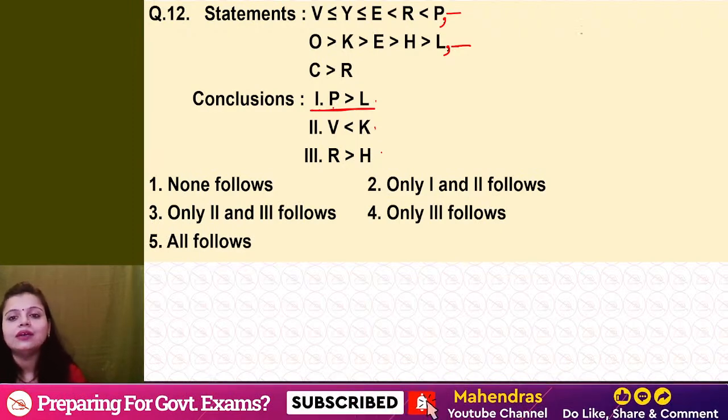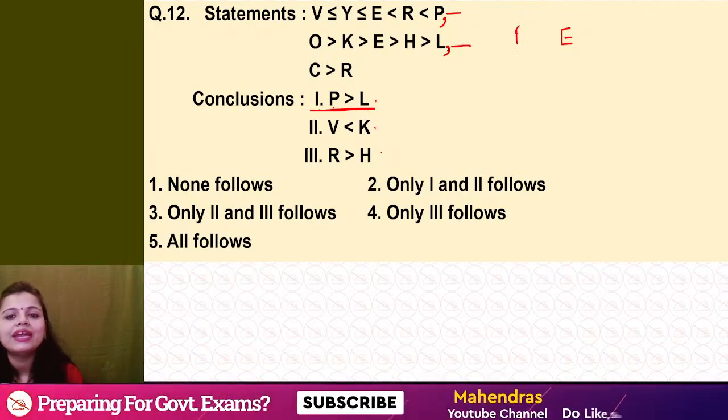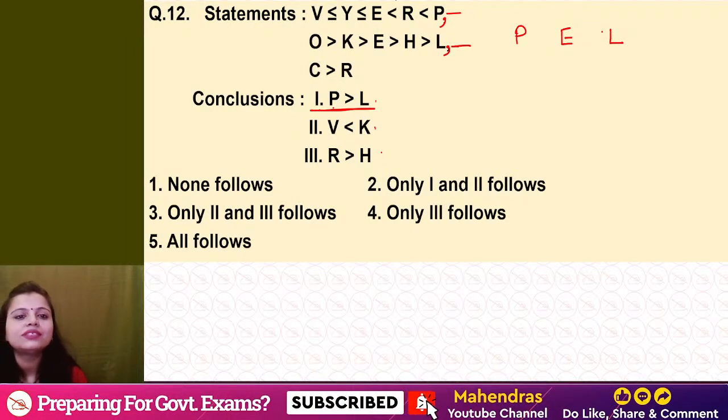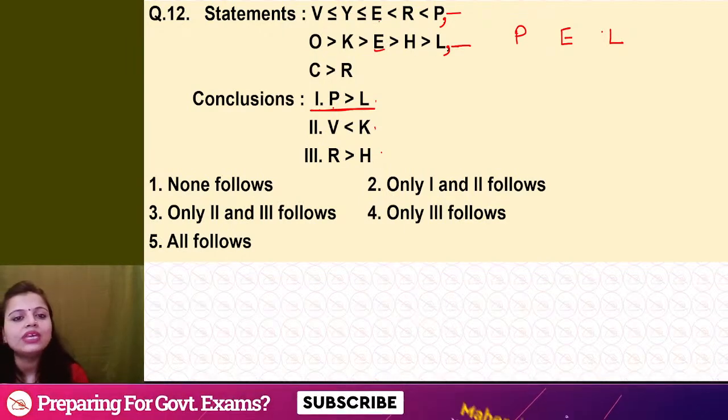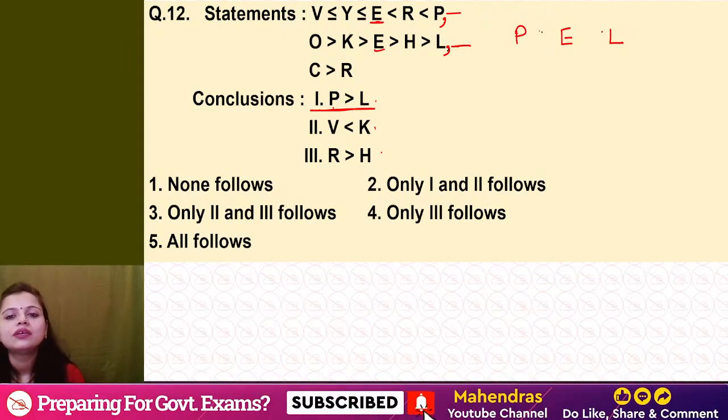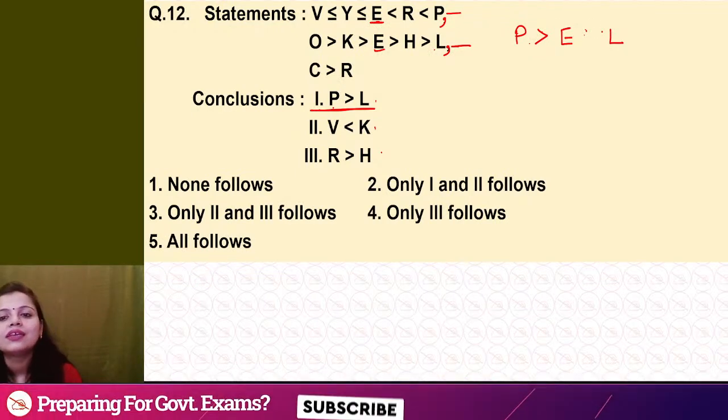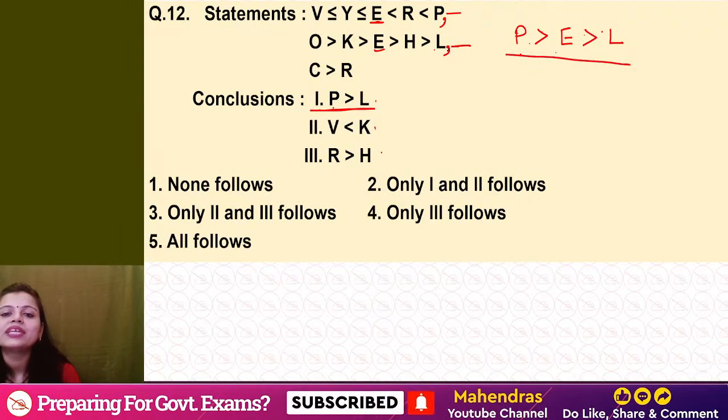That is E. Now E is common. From E we can link P and L because E has a relation with P and also with L. So E is less than P, and E is greater than L. That means you're getting P is greater than L. So the first one is right.